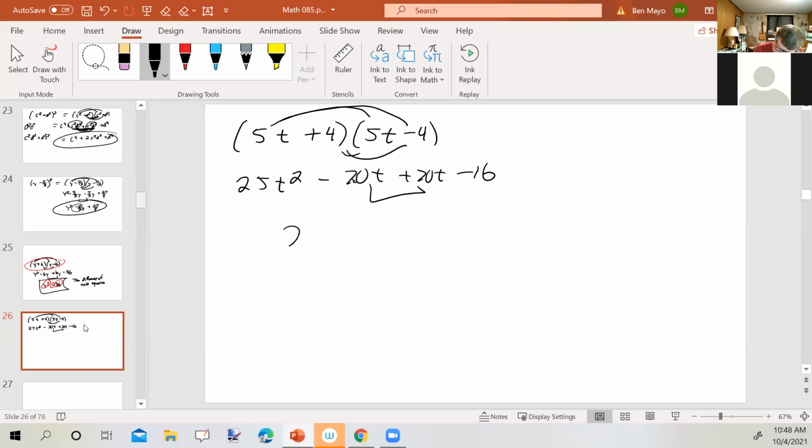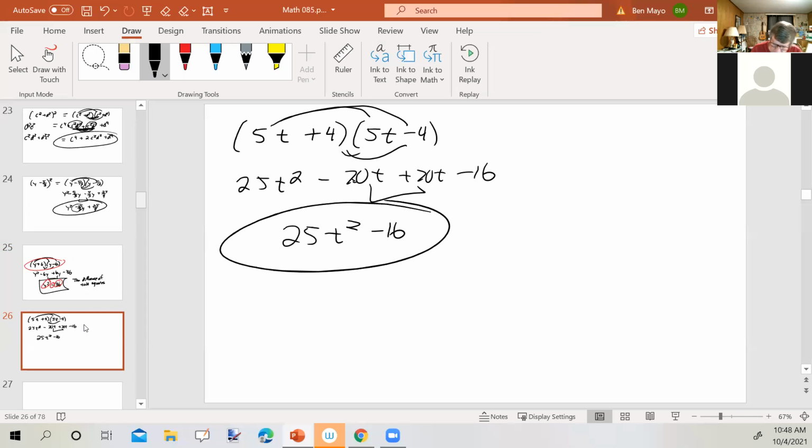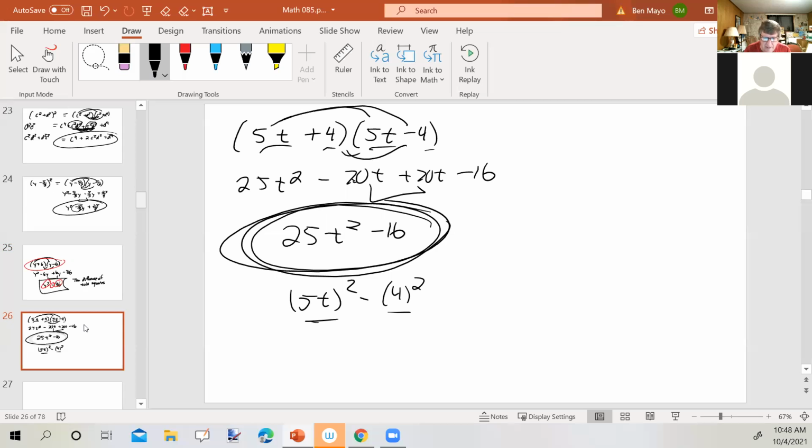Combining like terms, the two middle terms cancel each other out, and we're left with 25t squared minus 16, the difference of two squares. This, for instance, is 5t squared minus 4 squared. These two bases are these two numbers here, but we would write the final answer like that.